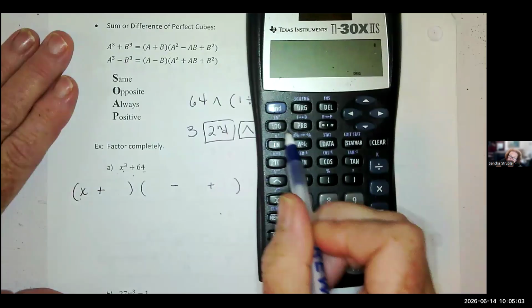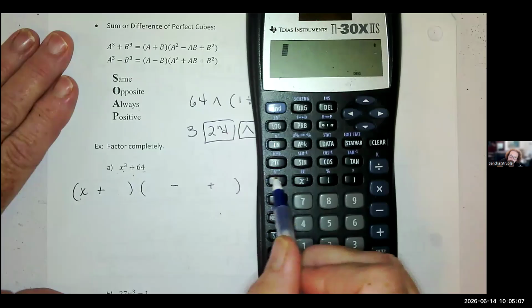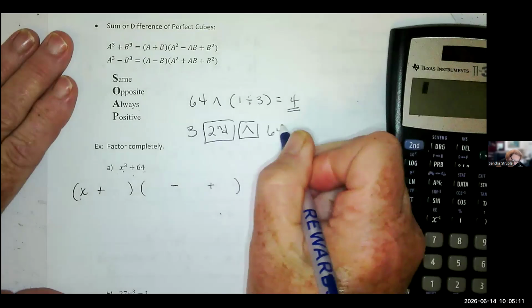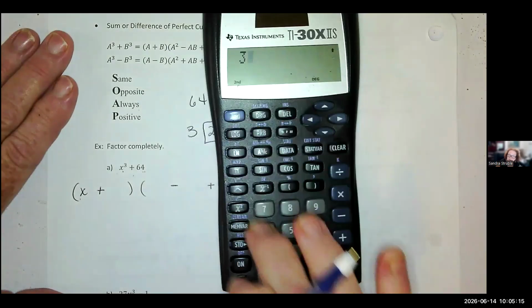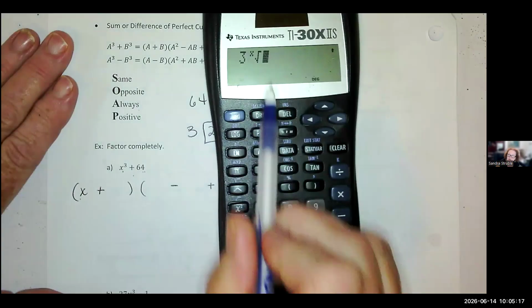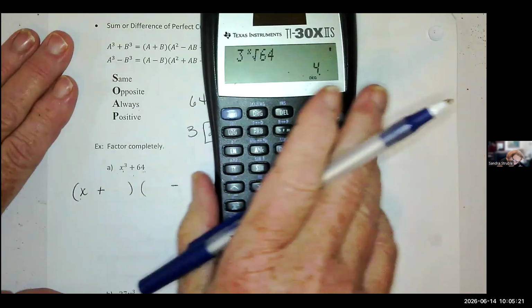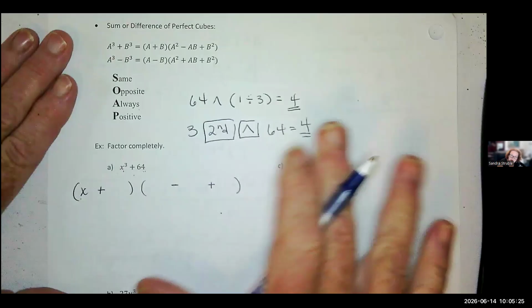We don't want to use the caret, but I want to get to that symbol there. And then you're going to type in 64 equals. You should get the same thing as me. All right, so my cube root is 4.